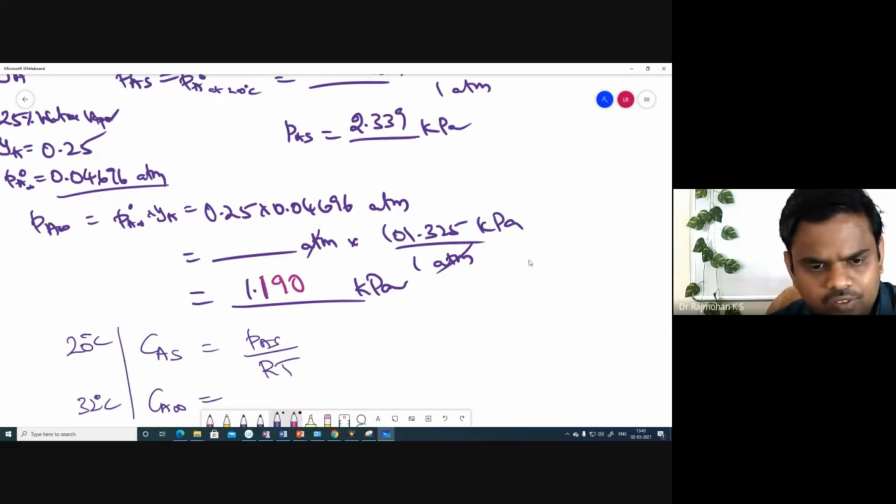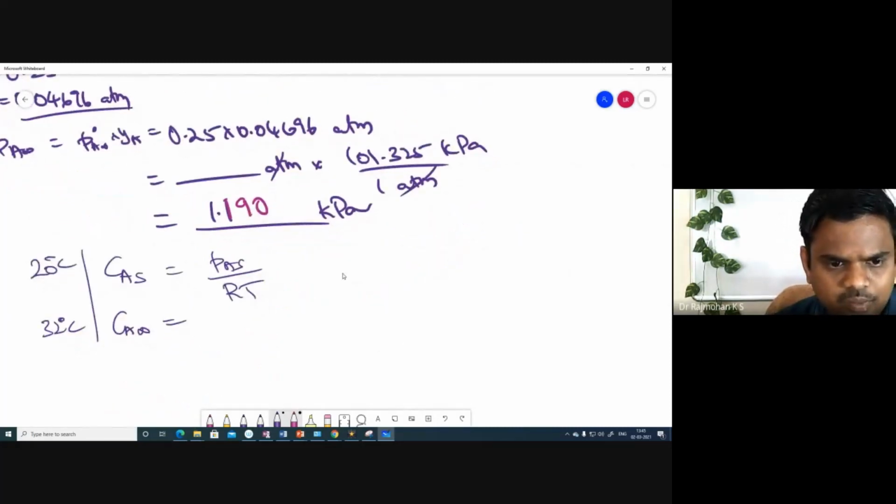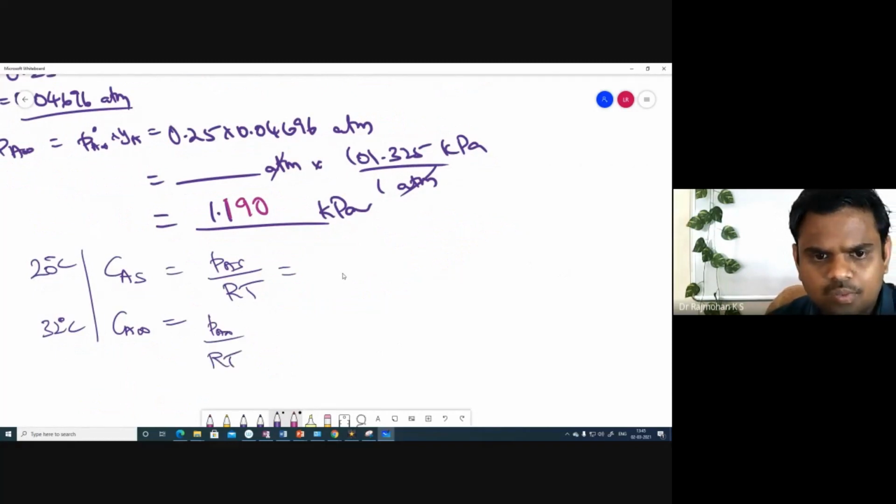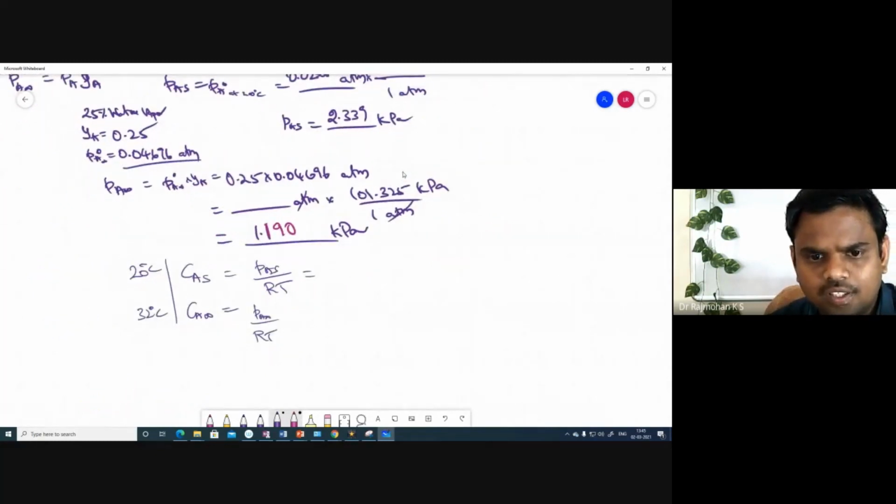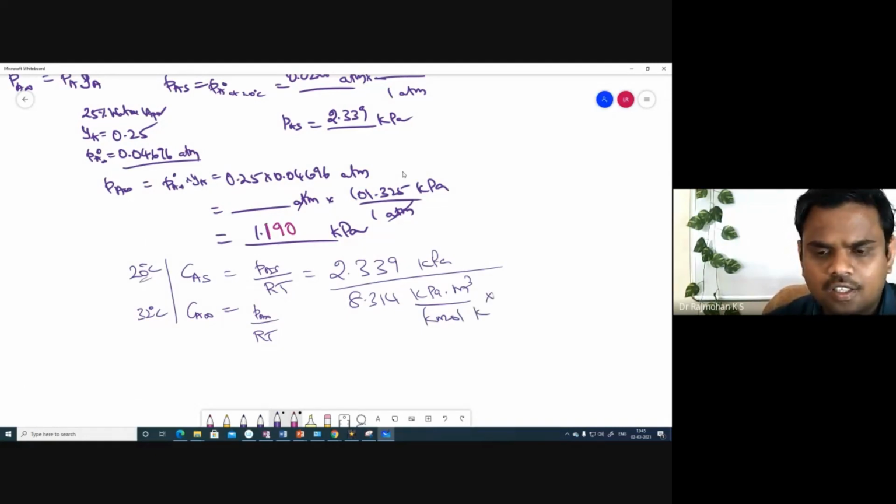Accordingly we have to make use. So CAS equal to PAS, 2.339 kilopascal divided by 8.314 kilopascal meter cube per kilomole Kelvin into the temperature, 20 degrees, that is 293 Kelvin.